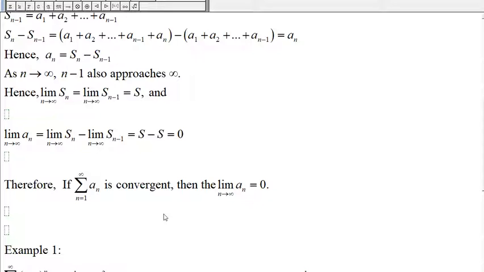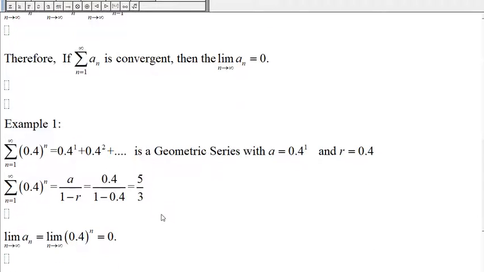And now here are some examples. Here we have the geometric series of 0.4 to the n. The first term, which in a geometric series we call a, is 0.4 to the first, and the common ratio r is 0.4, which is between negative 1 and 1.